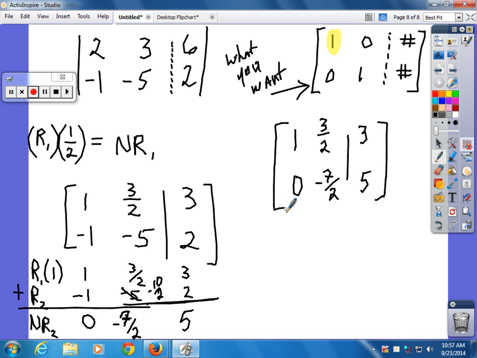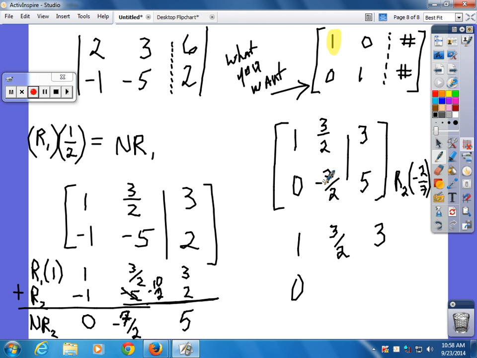How did I get a 1 right here? Multiply by the reciprocal, which is what? Negative what? Negative 2 over 7. So row 2 multiplied by negative 2 over 7. So 1, 3 halves, 3. What's 0 times 2 sevenths? 0.